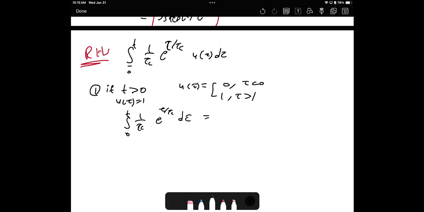Then it will be 1 over tau c times tau c, because they will cancel each other in the integral terms.